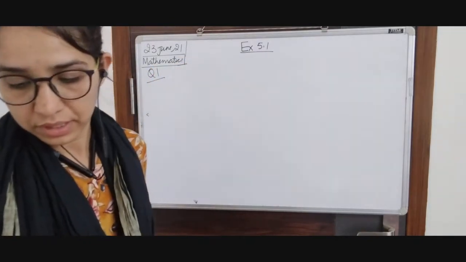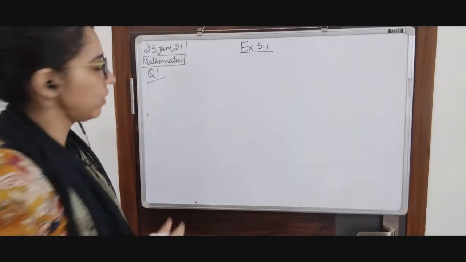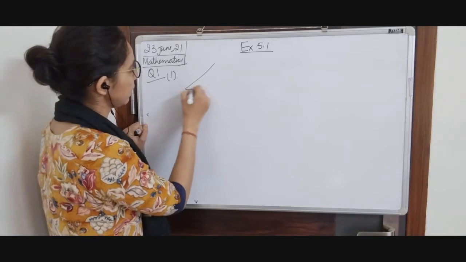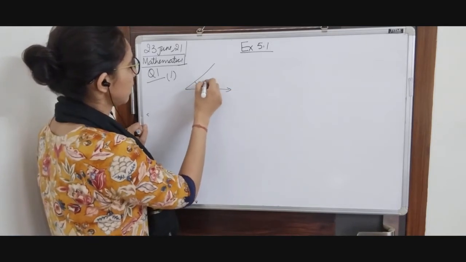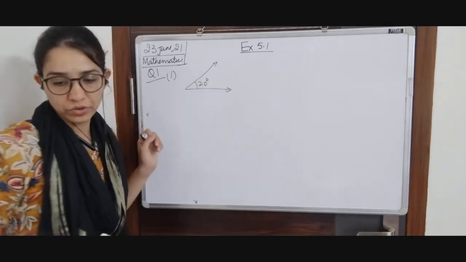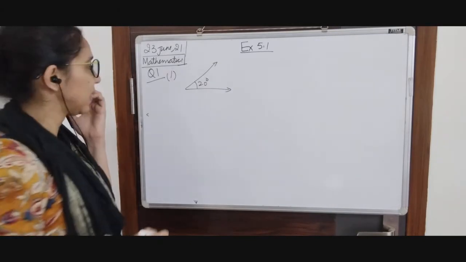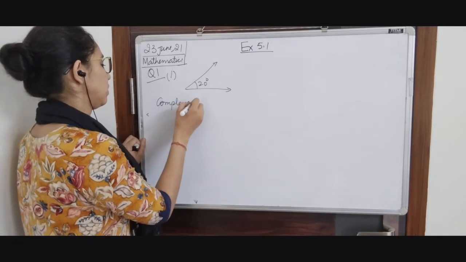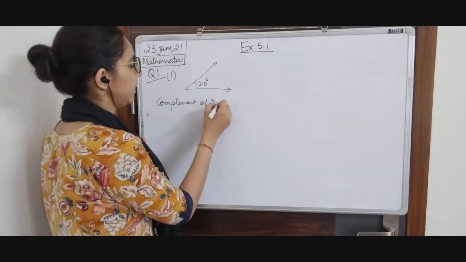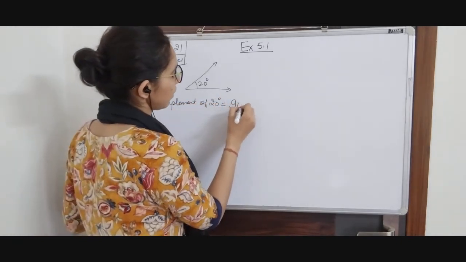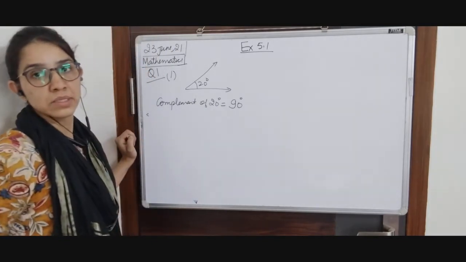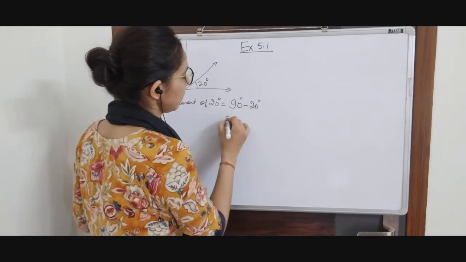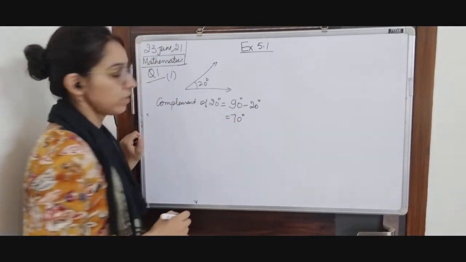Question number 1. Find the complement of these angles. The first one is an angle of 20 degrees. You can draw your angles using a protractor. The sum of two complementary angles is 90 degrees, so we have to subtract from 90. 90 minus 20 is equal to 70 degrees.